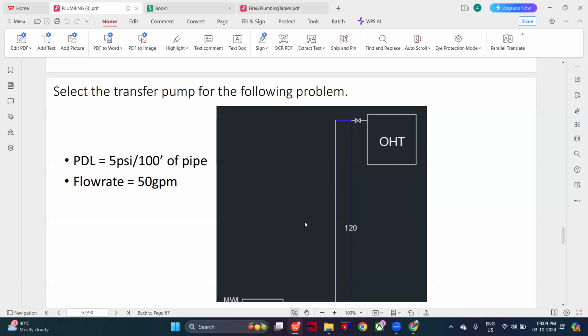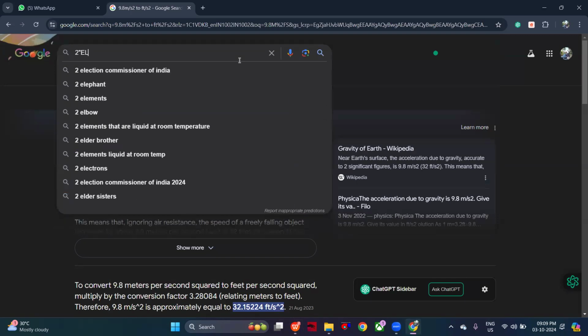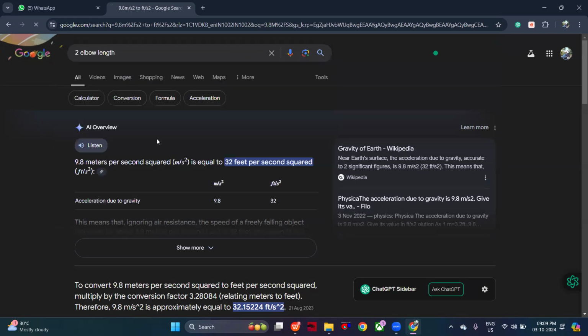What size are you going to buy? Obviously, it is 2 inches. So I'm going to find out the 2-inch elbow equivalent length.